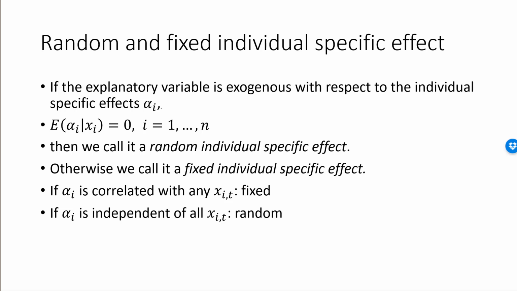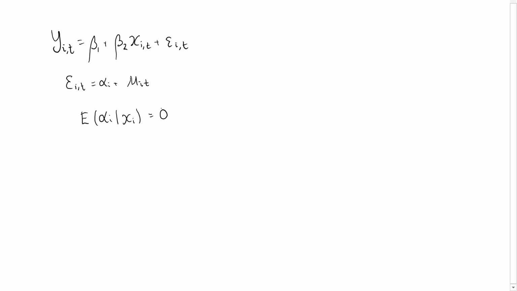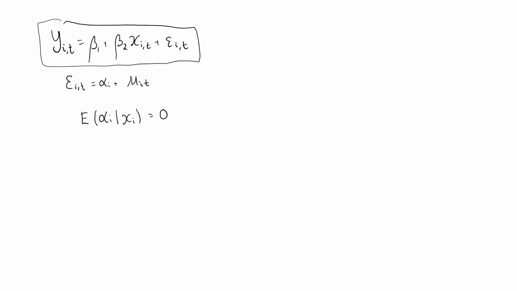So here's an important question. How would you estimate this model with a random individual specific effect? Well, let's have a look at the model. Remember, the key condition for OLS to be consistent and unbiased is that the explanatory variable is exogenous with respect to the error term. Will this be the case?